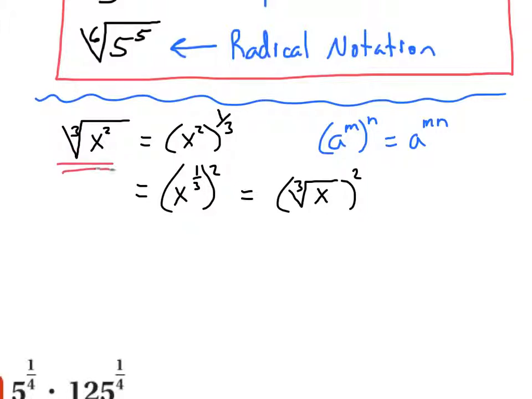So this means the exact same thing as this. There is no difference. The only difference is the notation, and therefore the difference might be, how do you want to work it? What is the easier method?